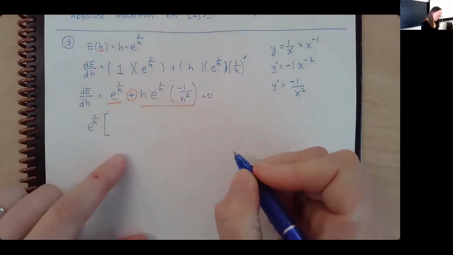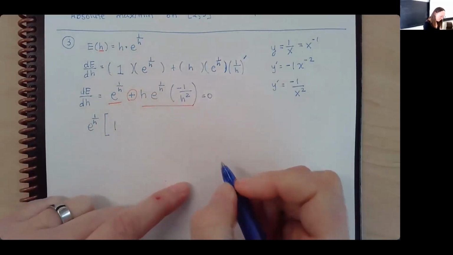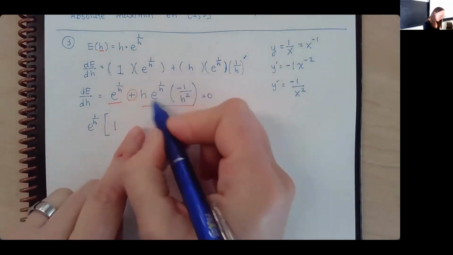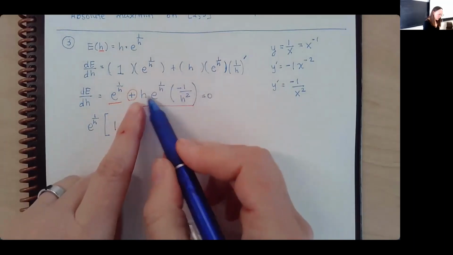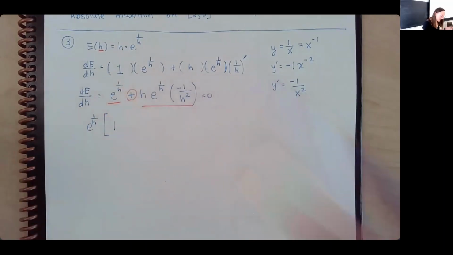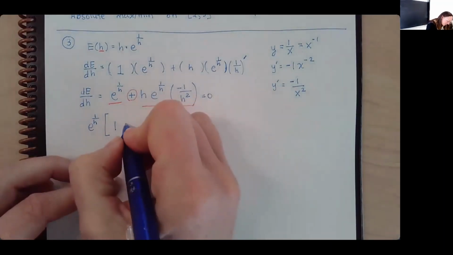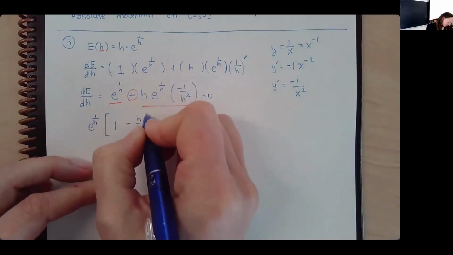So if I pull e to the 1 over h out, here I'm left with a 1. And here, if the e to the 1 over h is gone, I've got h times negative 1 over h squared. So if I smush that together, I'd have negative h over h squared.